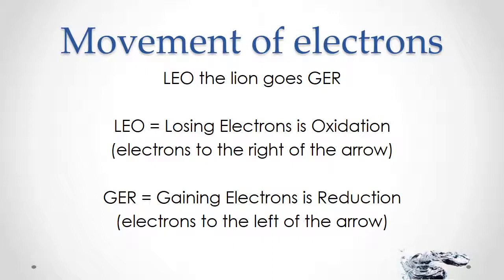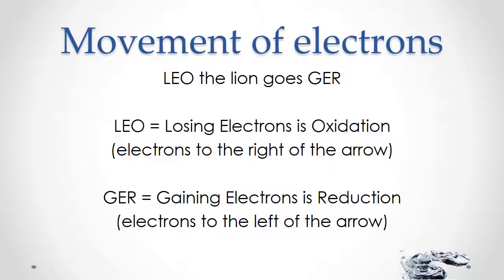GER stands for gaining electrons is reduction. Electrons would be to the left of the arrow. There is also another mnemonic device, oil rig, where oil, oxidation is loss, and rig, reduction is gain, can be used if you think that one would help you better.